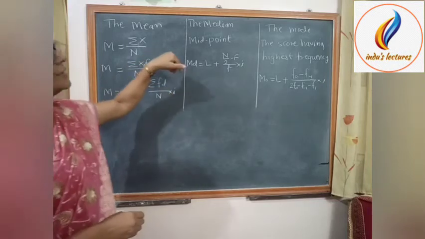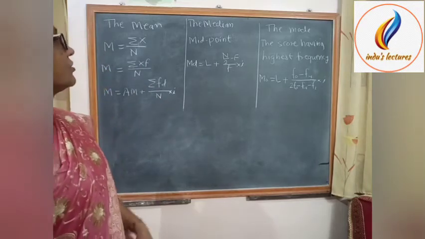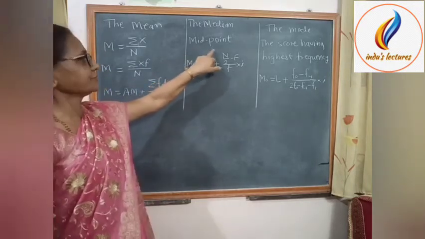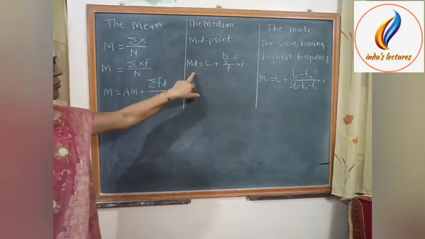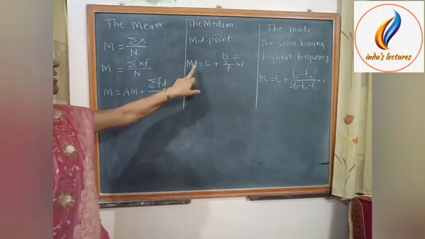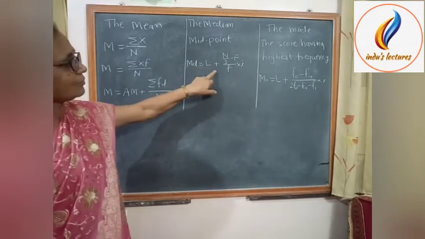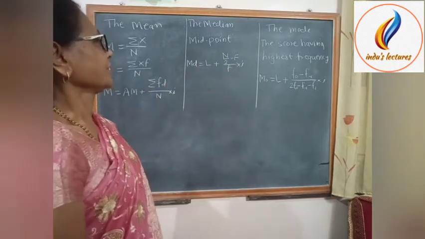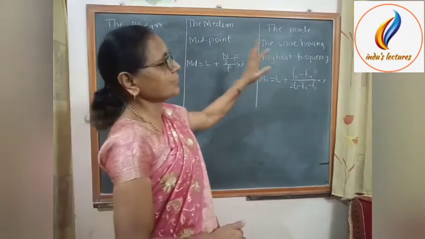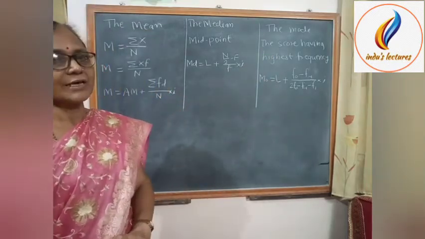Again, median is nothing but the midpoint of the distribution or the midpoint of the score series. And when the frequency distribution is given, then median is calculated by using the formula Md is equal to L plus (n by 2 minus capital F) upon small f into i. Mode is nothing but the score whose frequency is highest.